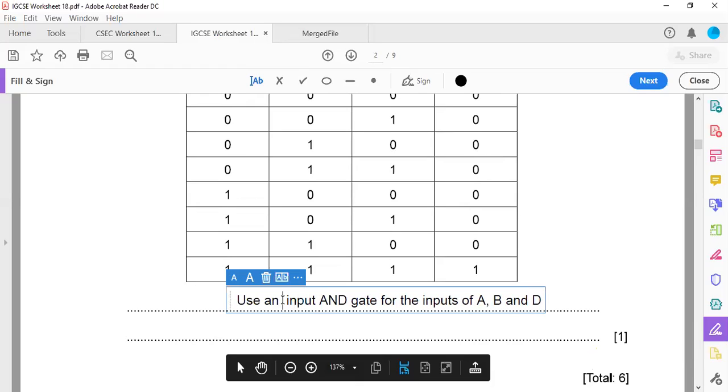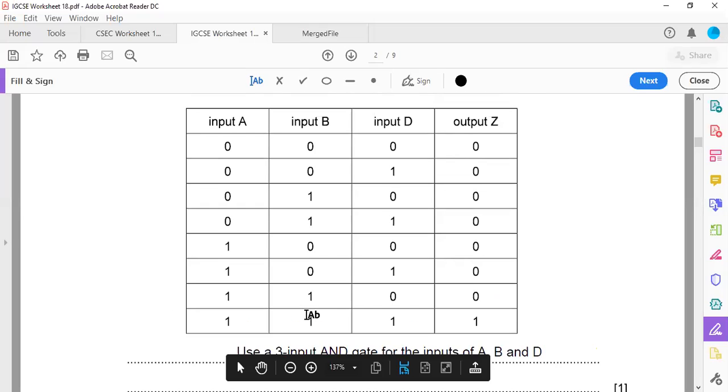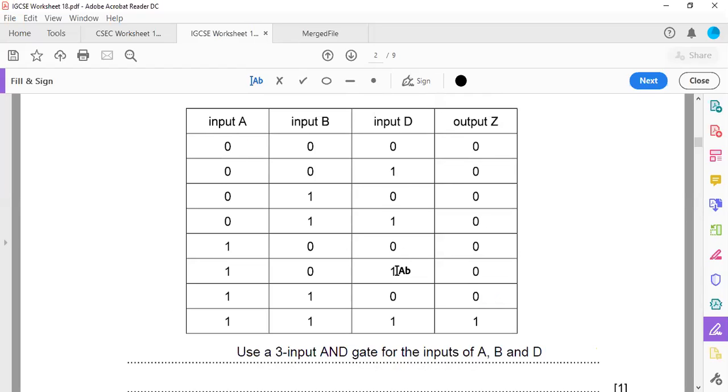Use a three input AND gate for the inputs A, B, and D. Here, 2 to the power 0 is 1, so you get 1 0 1 0 1 0 1 0.